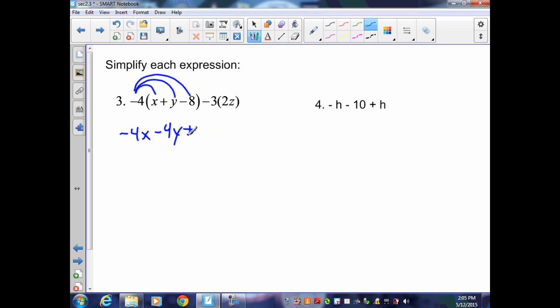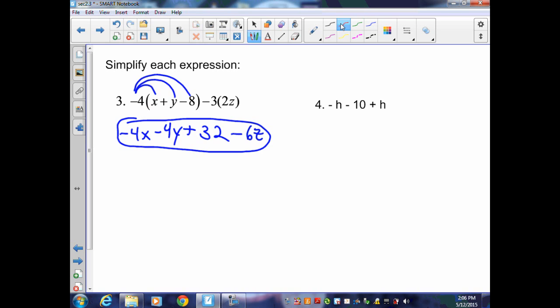Negative times a negative is a positive. 4 times 8 is 32. A negative and a positive is a negative 6z. Now I look for like terms, x, y, and z, and a constant. No like terms. Therefore, this is simplified, and that's all the farther I've got to go. Sometimes you can get a problem that doesn't simplify because there's no like terms, and that is the solution.